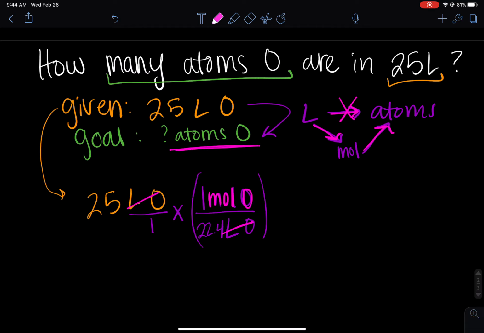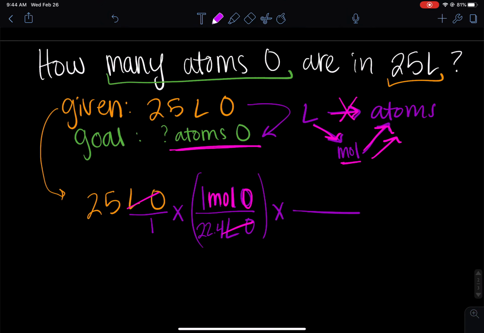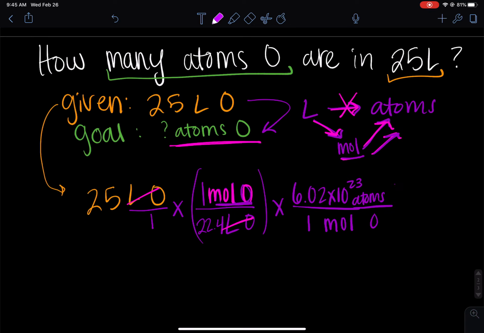Well, that is not my goal. I need to go one step further and go to atoms. So again, I'm going to multiply by a conversion factor, and since mole is on top, I want mole to go on bottom. And since I'm trying to go from moles to atoms, I can say 1 mole is equal to 6.02 times 10 to the 23rd atoms. Okay, and these are all oxygen.